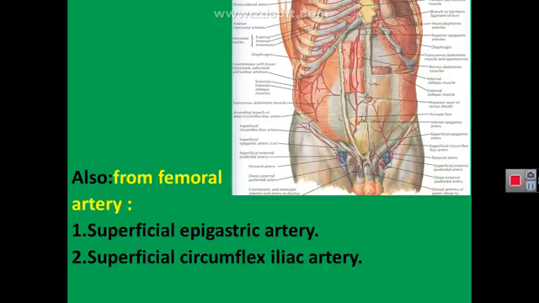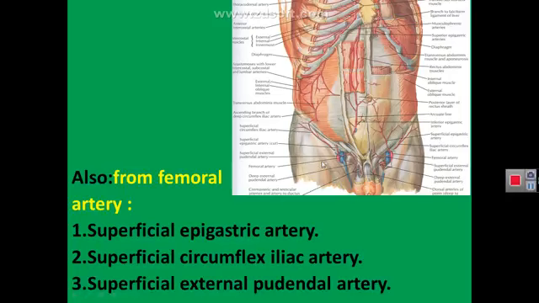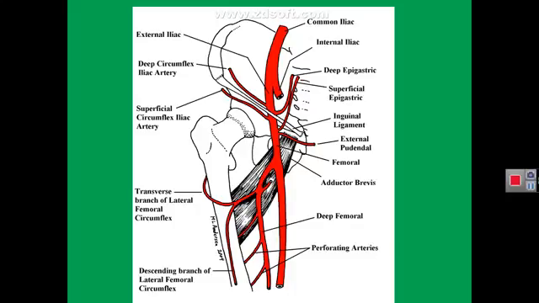Also, we have branches that are seen here supplying the flanks, which are branches of the femoral artery, including the superficial epigastric artery, the superficial external pudendal artery, and the superficial circumflex iliac artery. This is a diagrammatic representation that probably will make remembering of the branches of the arteries supplying the anterior abdominal wall much easier, especially the flank group.